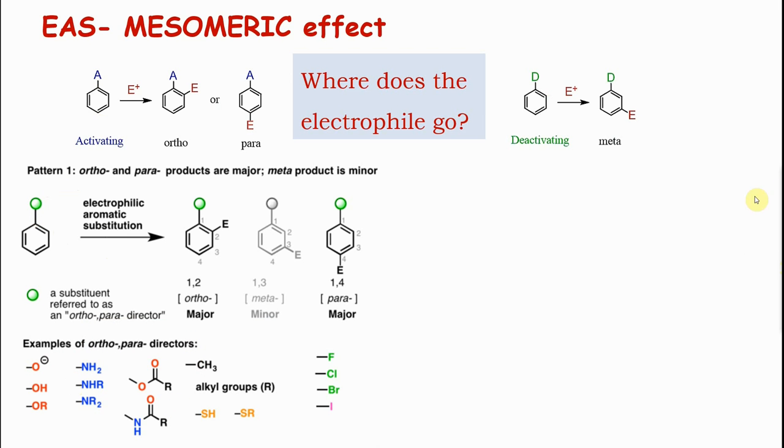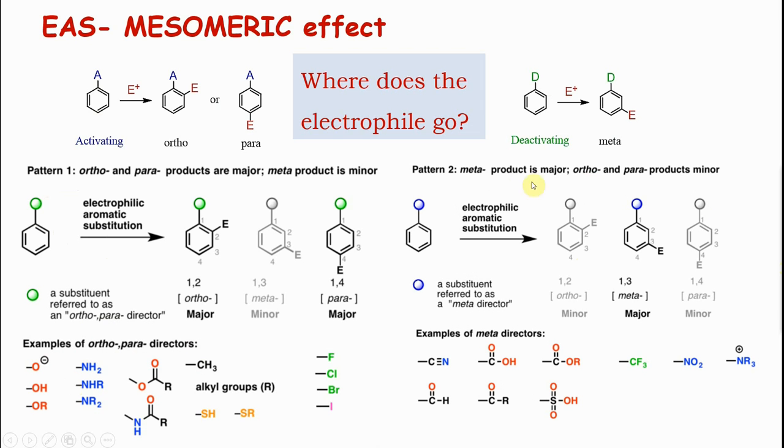Similarly, when you take the meta product, it is formed by an electron withdrawing group. The blue is the electron withdrawing group. If it withdraws electrons, ortho and para are unstable, so they become minor, and meta becomes major. And this also we saw in the last lecture. The minus R and minus M groups are meta directors because they make the electron density at ortho and para deficient.